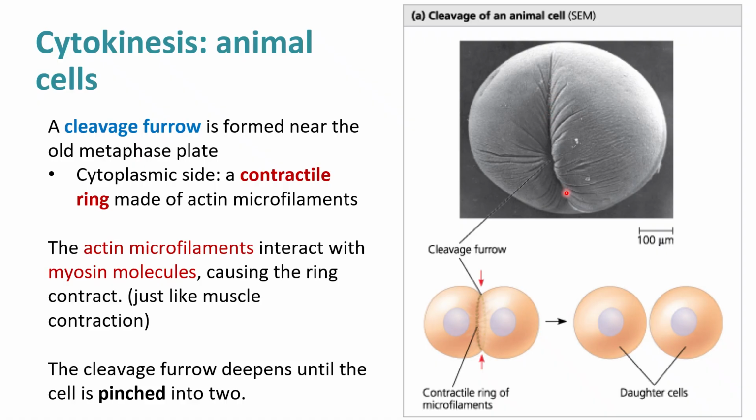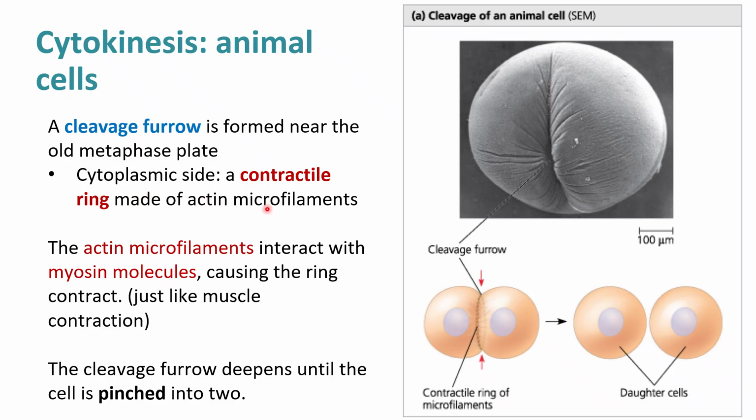And you'll see here we have a visual of an animal cell, and that's where a cleavage furrow is formed near the old metaphase plate right in the middle of the cell. Okay. This ring is formed using cytoskeleton, which just keeps shrinking until it eventually pinches the cell into two. So again, this cleavage furrow you'll see near the old metaphase plate.